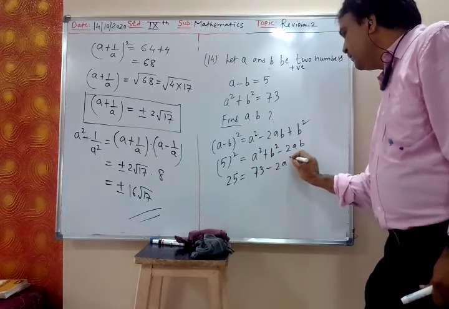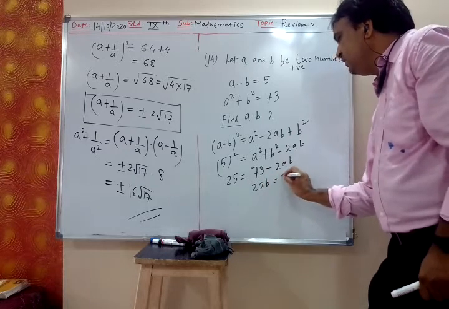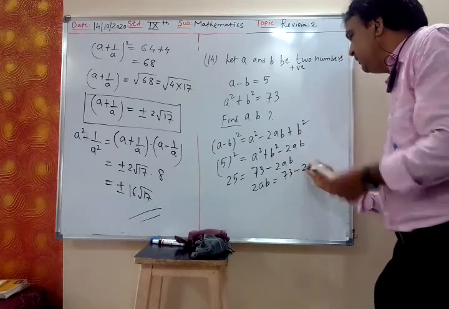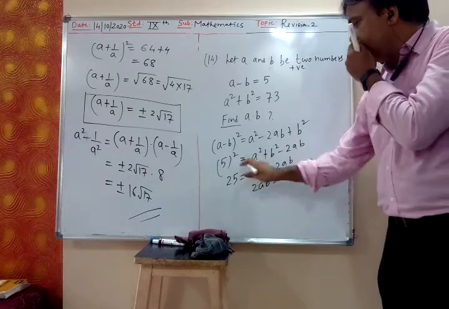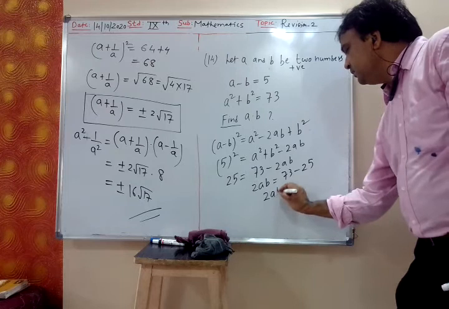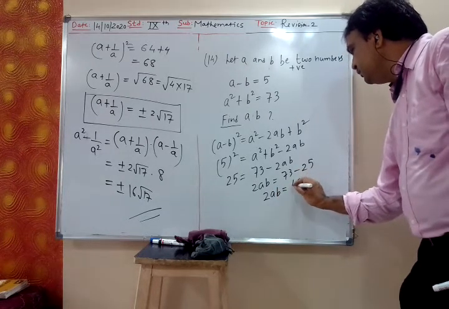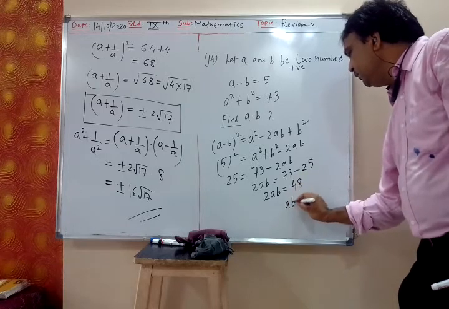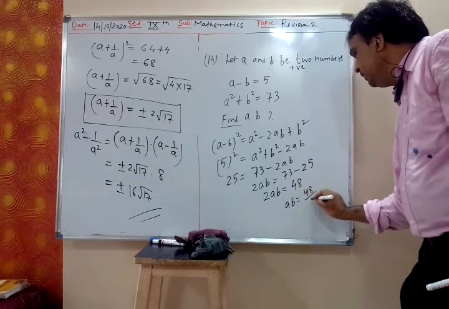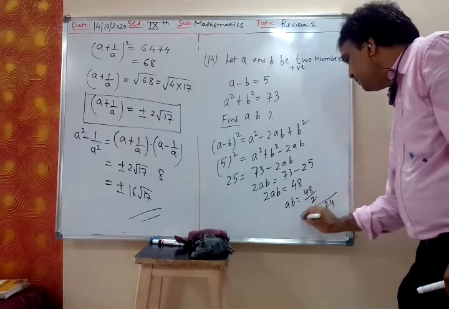I will take 2ab on that side. 2ab is equal to, not minus, 73 minus 25. 25 we take on this side, 2ab on the other side. So 2ab is equal to 73 minus 25, which is 48. So ab is equal to 48 upon 2. So ab is 24. So the product of the numbers is 24.